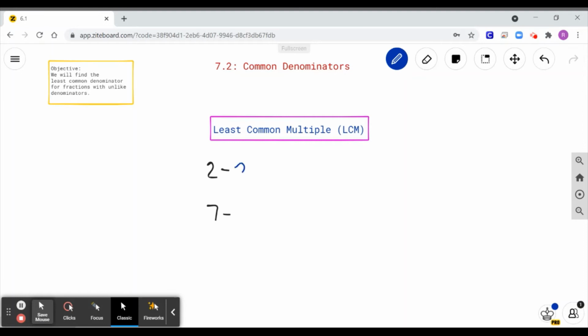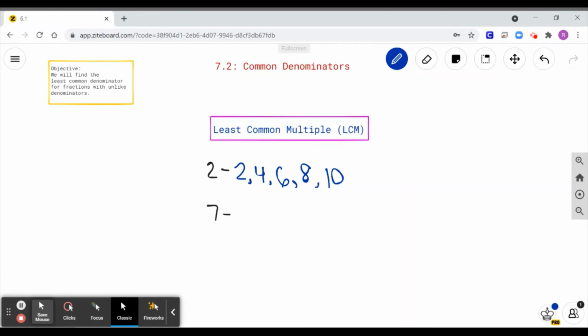So I would put down 2, 4, 6, 8, 10. Okay, so these are my first 5 multiples of 2.